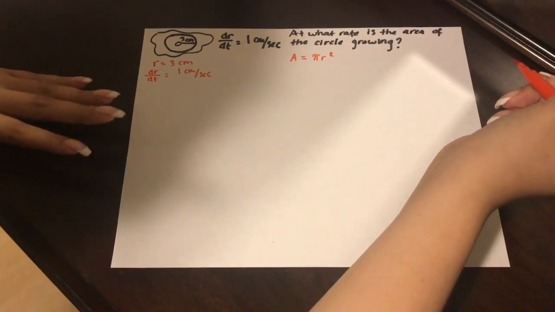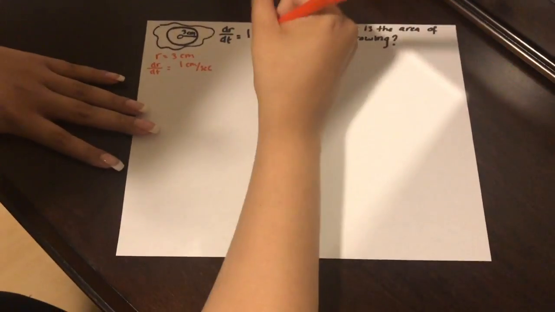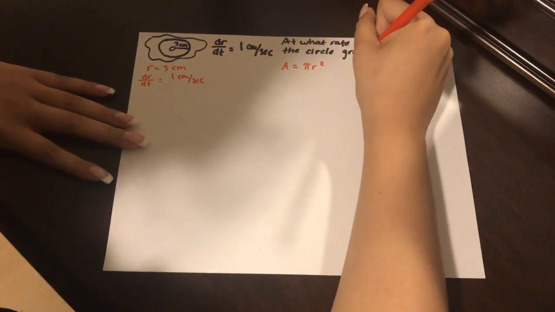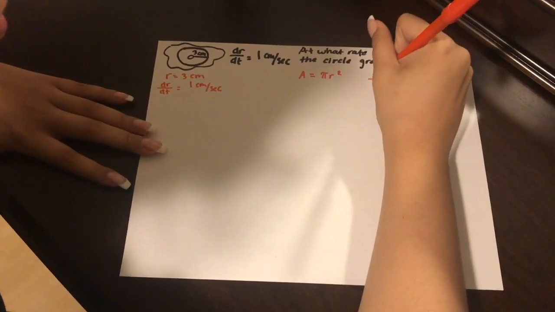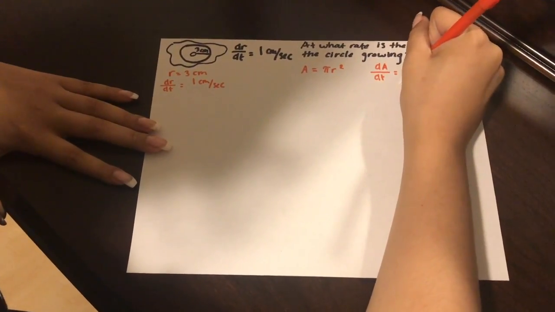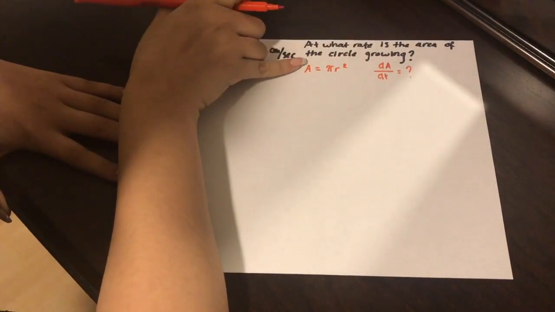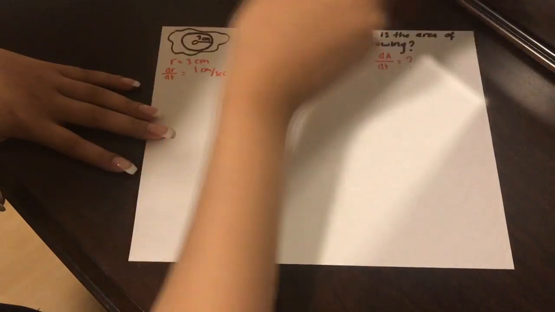Since we're trying to find the rate at which the area of the circle is growing, which is the derivative of the area with respect to time, we have to find the derivative of the equation of the area of the circle with respect to time.